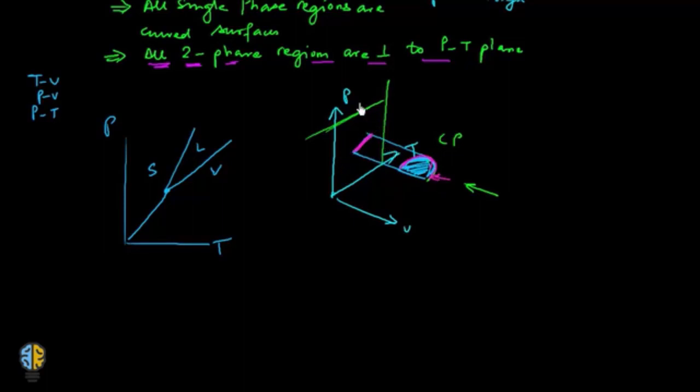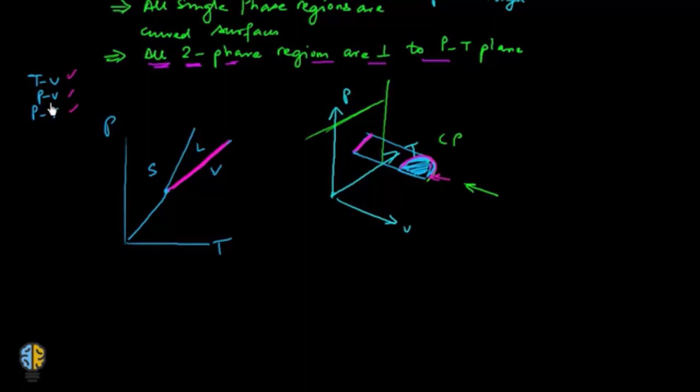Similarly, the region where vaporization is taking place is a line. So all the diagrams TV, PV, PT are projections of appropriate surfaces on whatever plane you have.